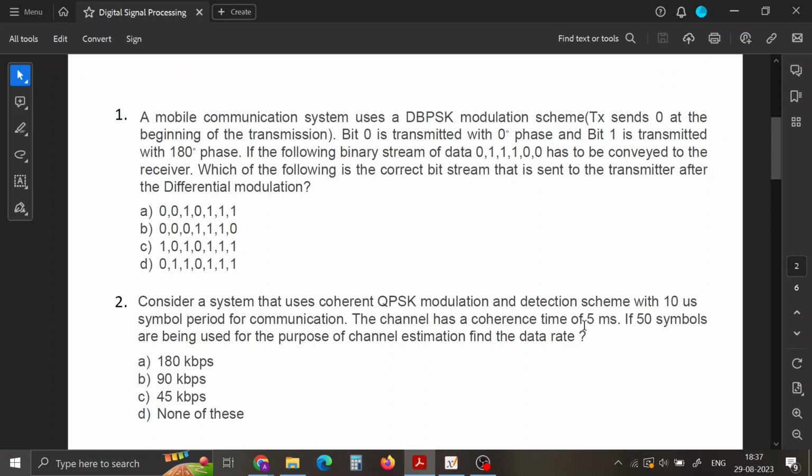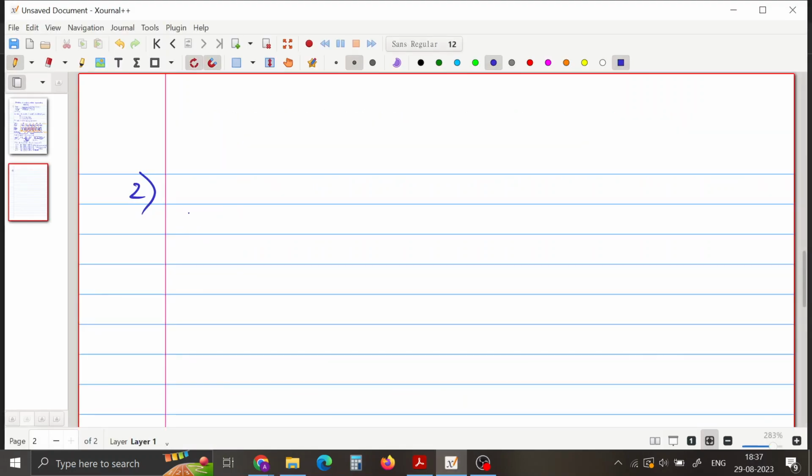Coherence time of the channel is 5 milliseconds. 50 symbols are being used for the purpose of channel estimation. Then we are asked to find the data rate. That's the setup, and we just need to go back to our lecture notes for this. Okay, so you remember.